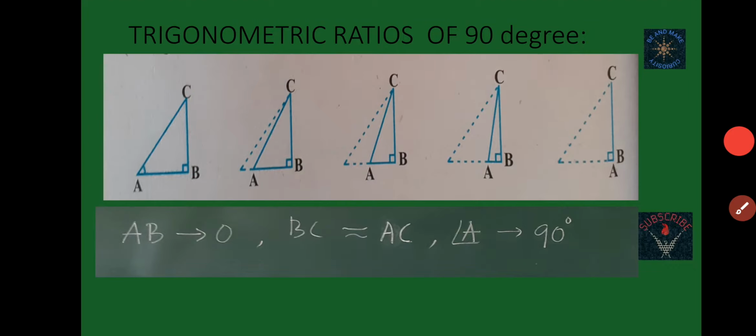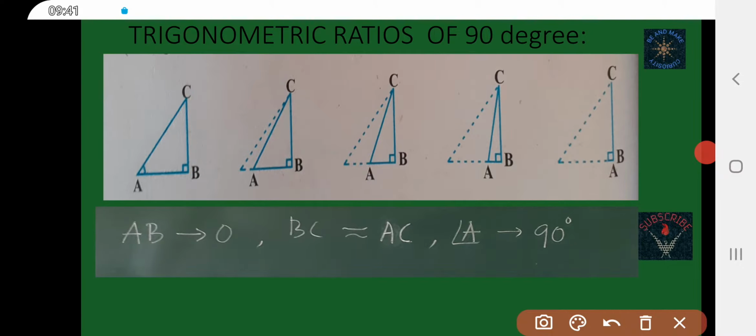Next, here you see that the angle A is made larger and larger in right angle triangle ABC till it becomes 90 degree.